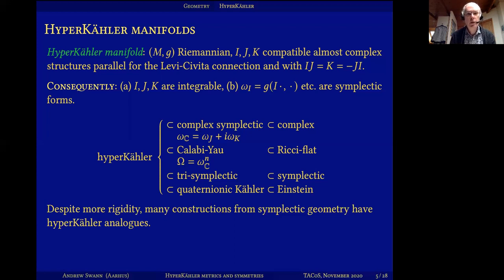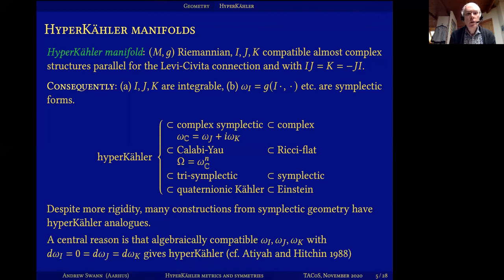But despite that, there are a surprising number of constructions and ideas from symplectic geometry that go through in the HyperKähler case. That is partly a theme of this talk.